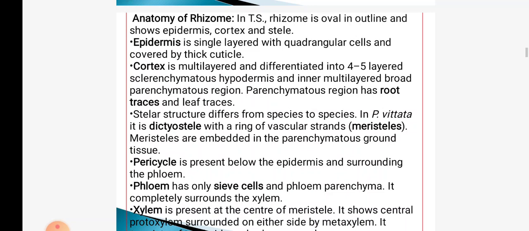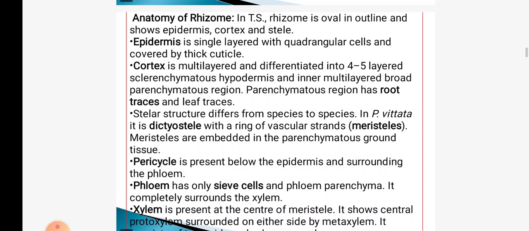Meristeles are embedded in the parenchymatous ground tissue. Pericycle is present below the endodermis and surrounding the phloem. Phloem has only sieve cells and phloem parenchyma. It completely surrounds the xylem.